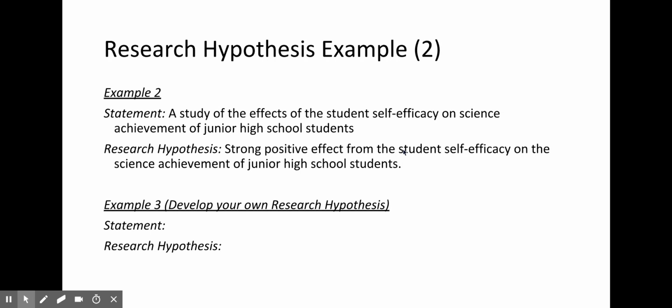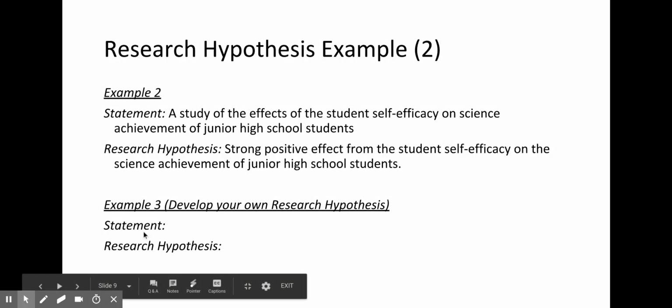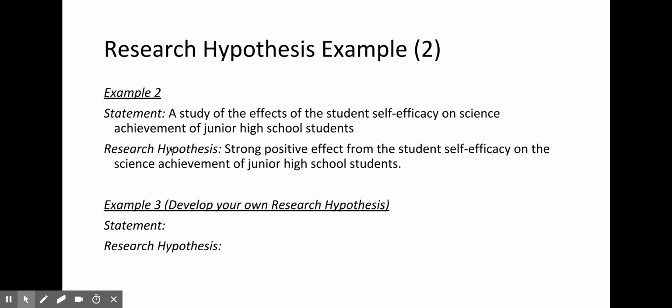Take the previous research statement you have, and try to develop a research hypothesis from it. Exercising developing a hypothesis out of the statement is very important. That will naturally help you understand the difference between a research statement and a research hypothesis.